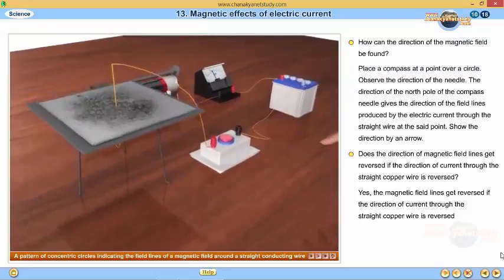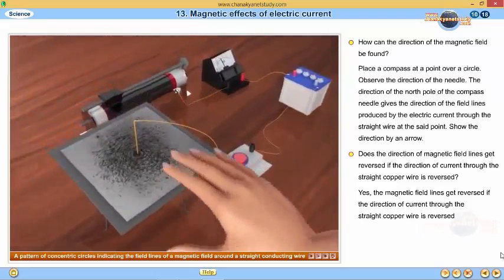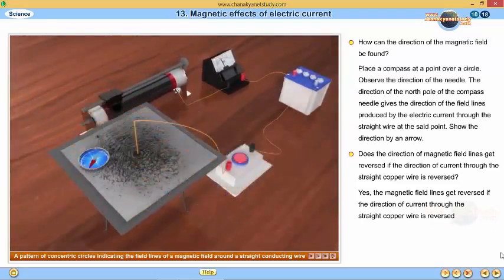Show the direction by an arrow. Does the direction of magnetic field lines get reversed if the direction of current through the straight copper wire is reversed? Yes, the magnetic field lines get reversed if the direction of current through the straight copper wire is reversed.